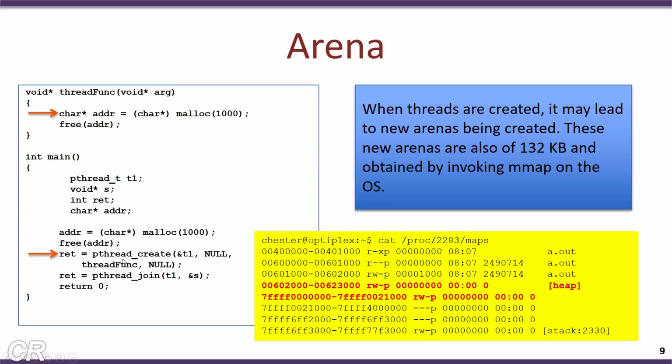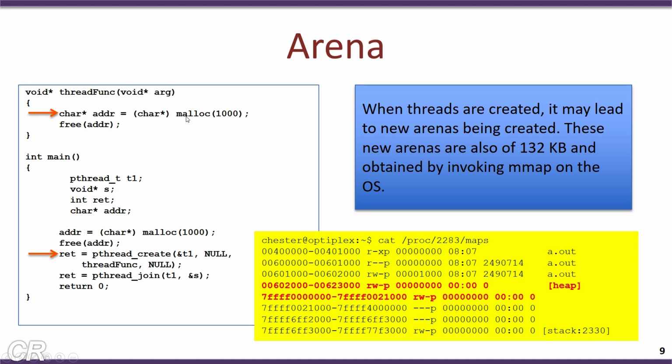As we know, the pthread_create would create a thread function, and the new thread would start executing this particular function. So in this function, we invoke malloc again and request another 1000 bytes. The pointer to this 1000 bytes is then stored in this local pointer address.